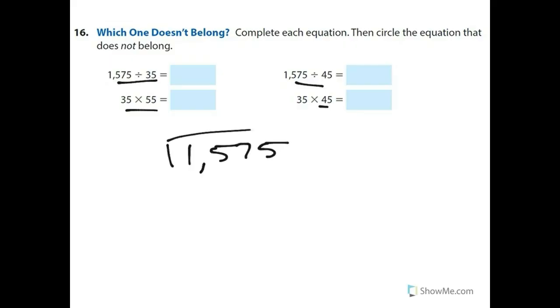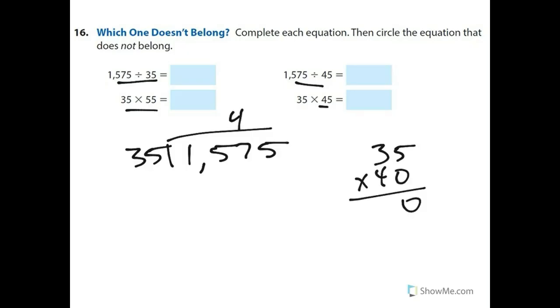Alright, so 1,575 divided by 35. Well, I know it can go in there, what? Let's see. 4 times. 35 times 40. 4 times 5 is 20. Carry that 2. 4 times 3 is 12. 12 plus 2 is 14.